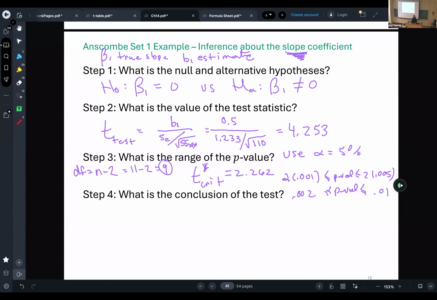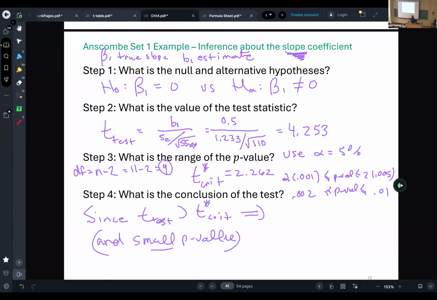That's a pretty small p-value. The smaller the p-value, the more strength against the null hypothesis, right? And the critical value is right. So since the t test is greater than the t critical, what do we do? And the small p-value also gives it away.